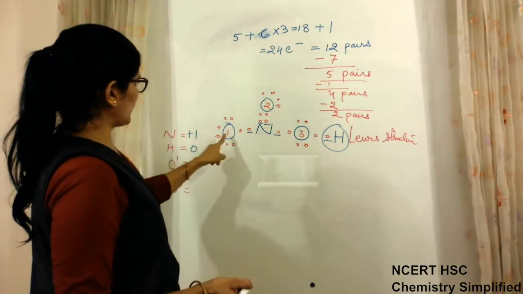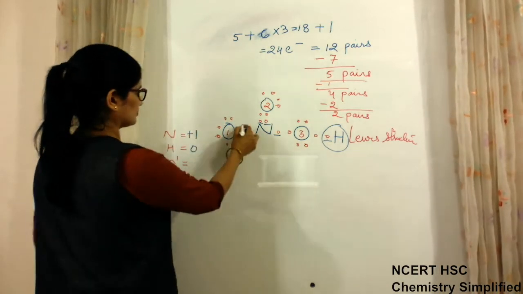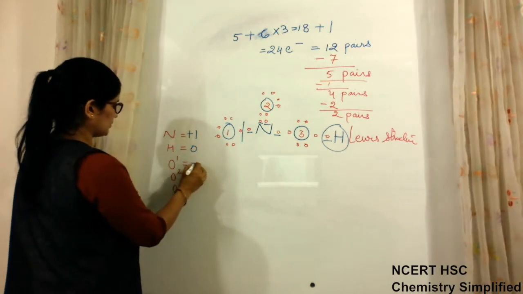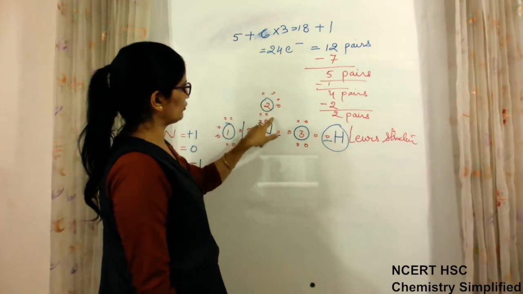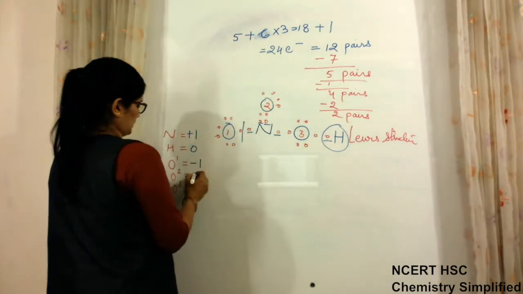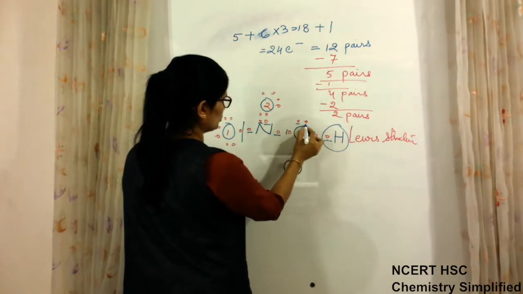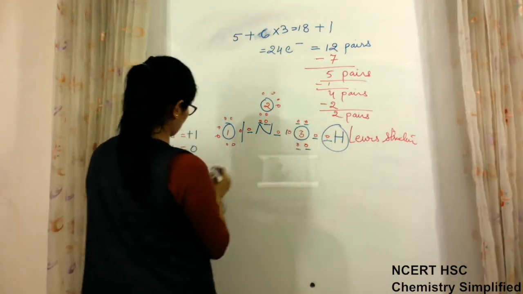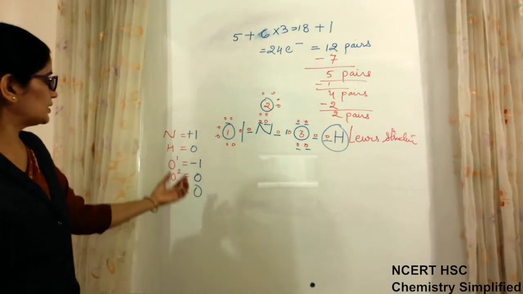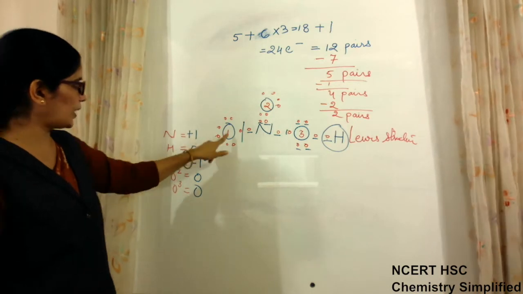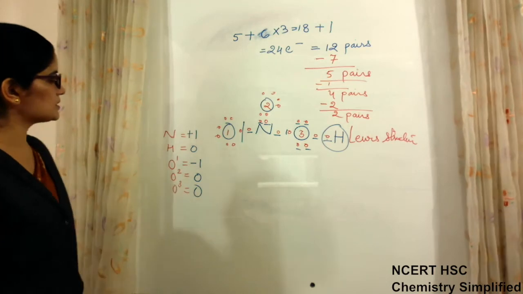Oxygen atom number 1, this one. 1, 2, 3, 4, 5, 6 and 7. 1 extra, -1. Oxygen atom number 2, 1, 2, 3, 4, 5, 6. 0. Third oxygen. 1, 2, 3, 4, 5 and 6. 0. Okay. So only oxygen atom number 1 and nitrogen have formal charges, -1 and +1.